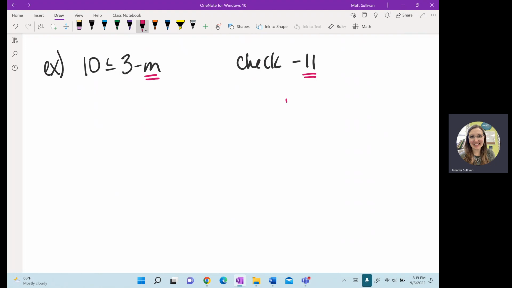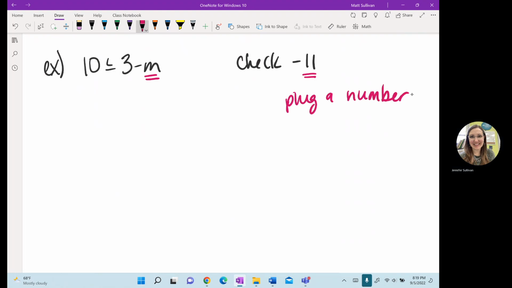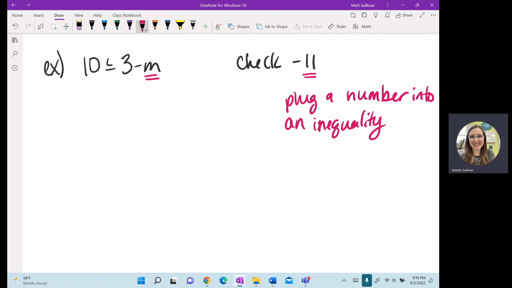What we are doing when we plug a number into an equation or into an inequality, we are doing substitution. Now, when we do substitution, I'm going to run out of room.